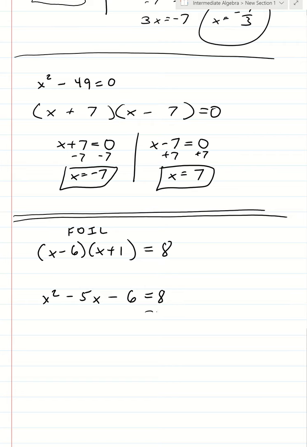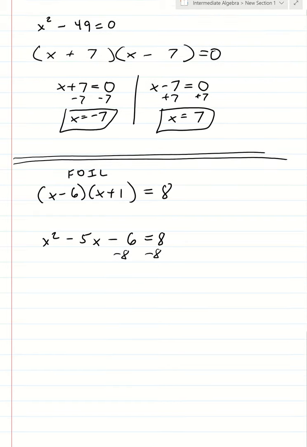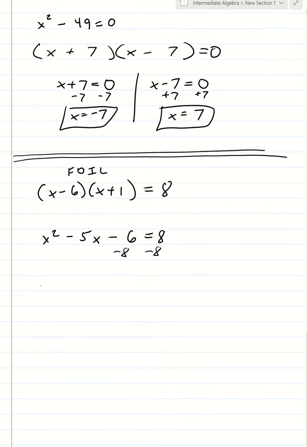So I'm going to subtract 8 over, producing now our new and improved equation of x² - 5x - 14 = 0. Now we have created an equation that is ready for the zero product property because we're going to have to factor. So let's set up the parentheses.